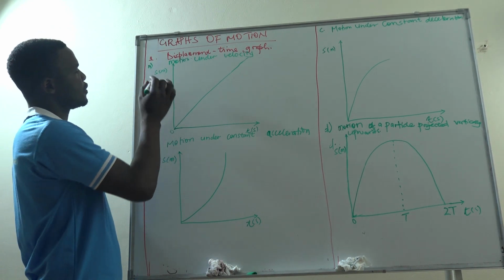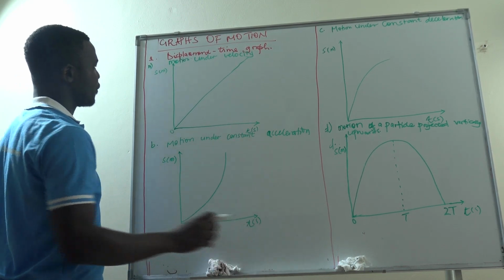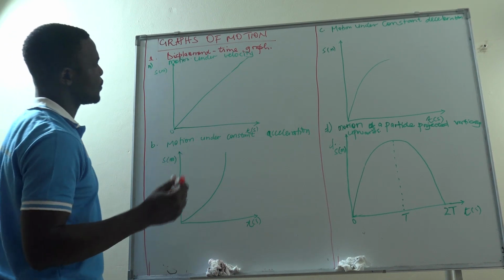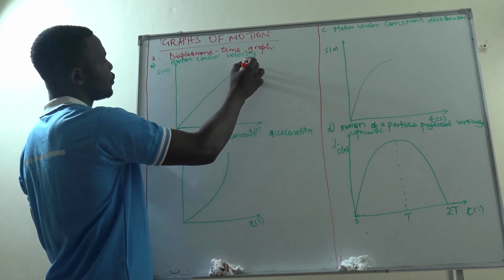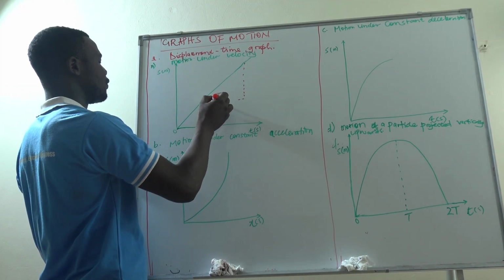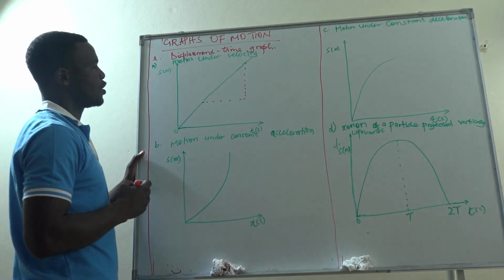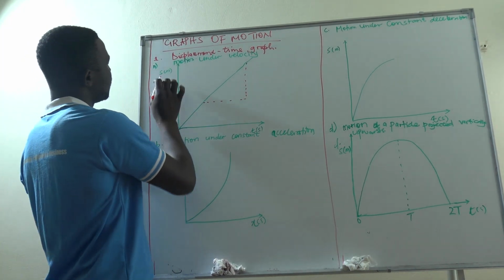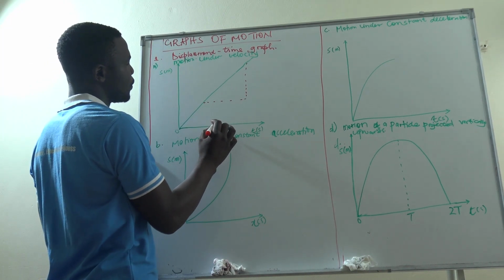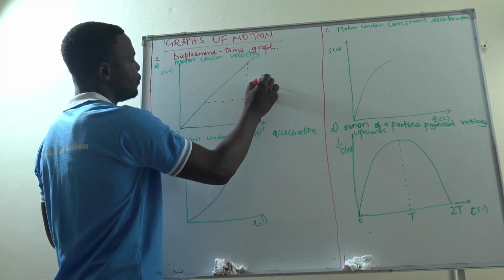Since this is a plot of displacement against time, if we calculate the slope of this graph, the formula for getting the slope is drawing a very big triangle. The slope is displacement over time, so the slope we get here becomes our velocity.